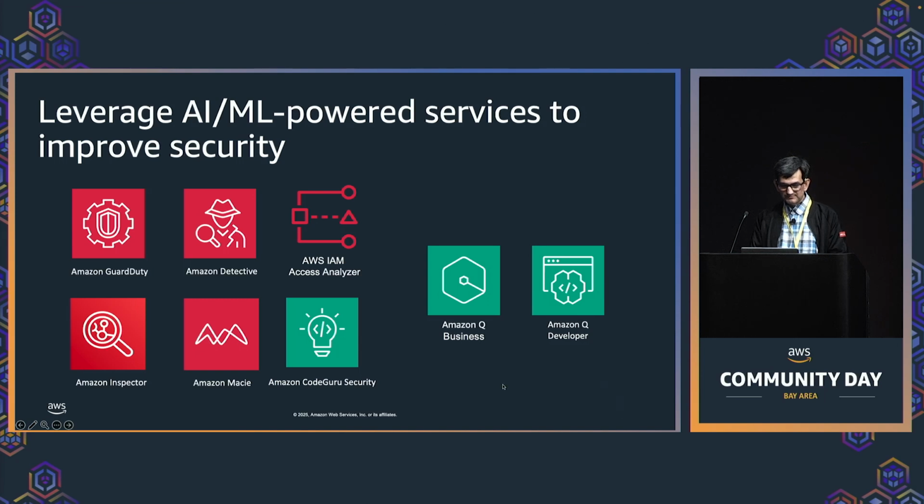Amazon Macie also uses machine learning to identify potentially sensitive data in Amazon S3 buckets and flags it for additional security controls and protections. Another one I have is IAM Access Analyzer. It uses automated reasoning, another form of machine learning, to mathematically verify IAM access policies to match the governance policies and rules you have set.